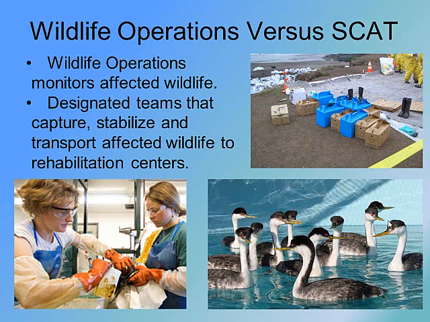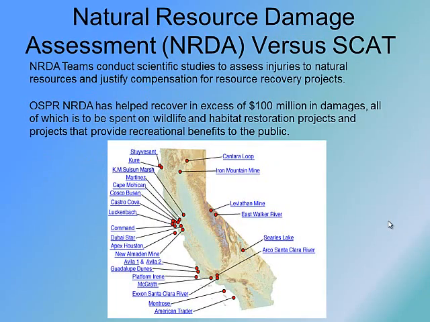The wildlife operations will do this. They are in charge of reconnaissance, recovery, transportation, and the rehabilitation of injured wildlife. SCAT teams also do not conduct natural resource damage assessments. These two teams work independently of each other.